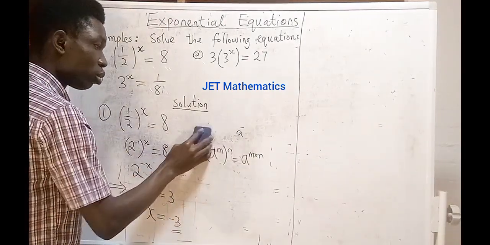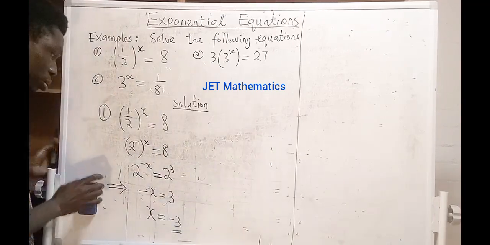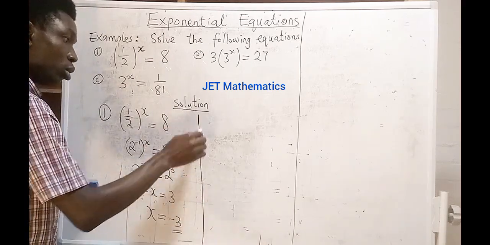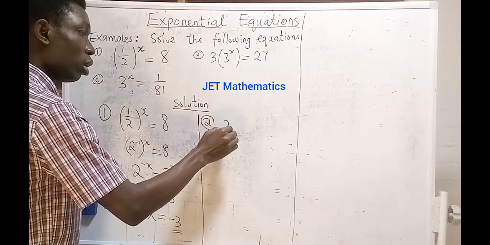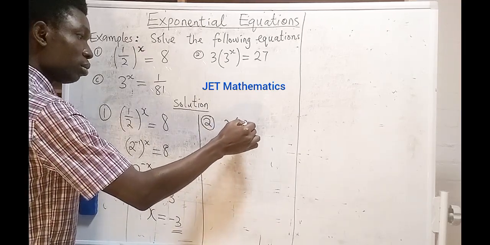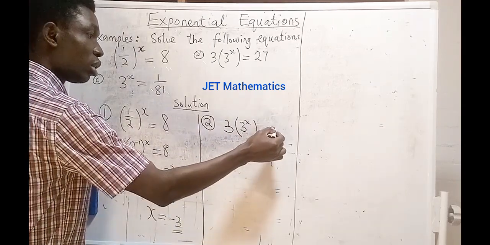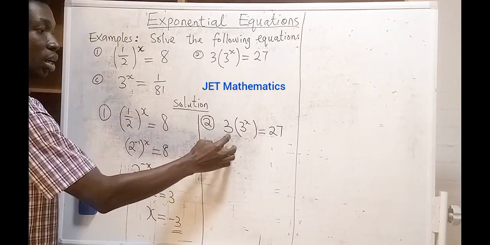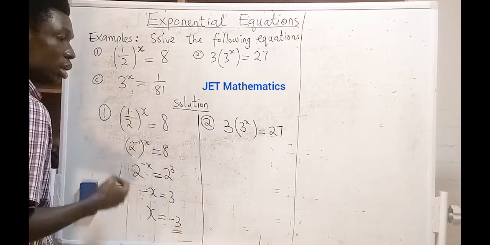Okay, pretty easy. Let's see how we can solve the second question. I'll clean here so I can use the board. We can use two ways to solve the second question. Let's see the first method: 3 raised to the power x plus 1 equals 27... we can first divide both sides by 3.